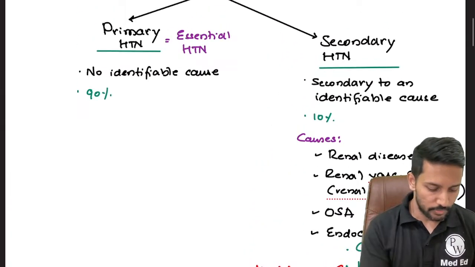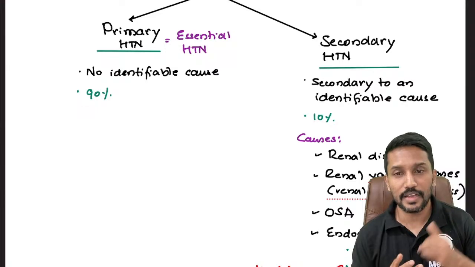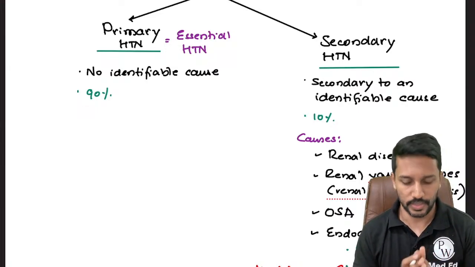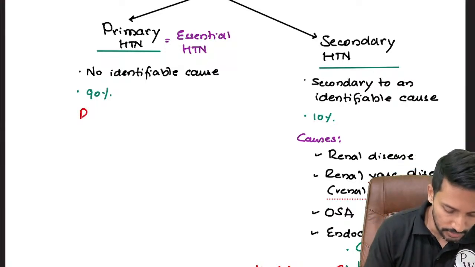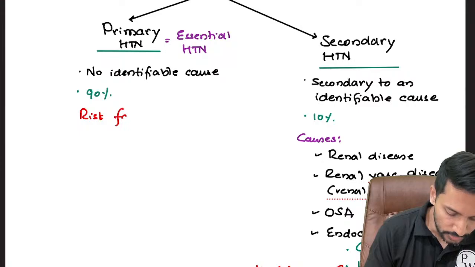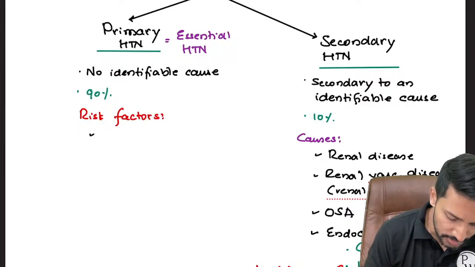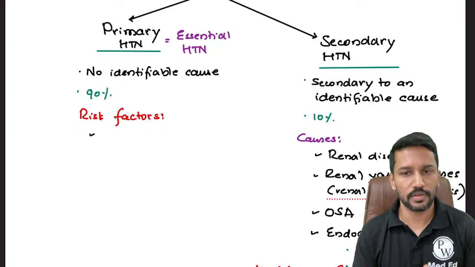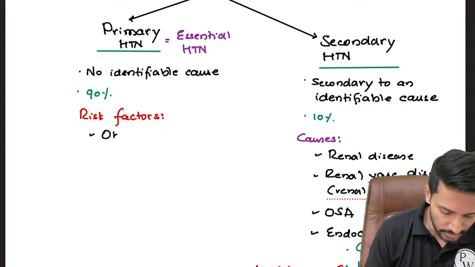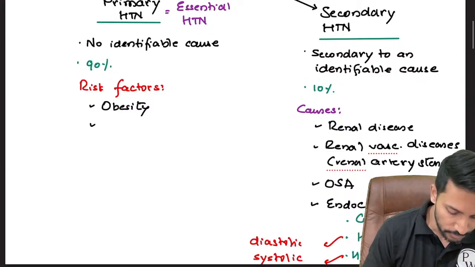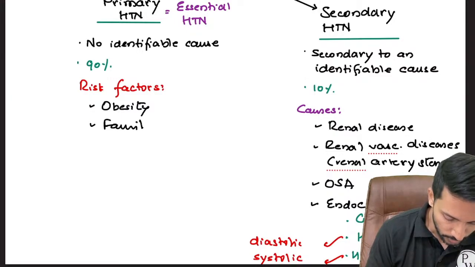Now, when it comes to primary, though we do not have an identifiable cause, obviously we can identify certain risk factors. So what are the important risk factors for someone to develop hypertension? If you ask me, sir, what is the single most important risk factor? I would say obesity. Apart from that, family history.